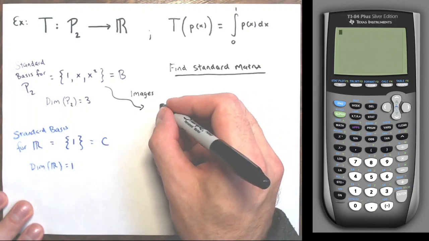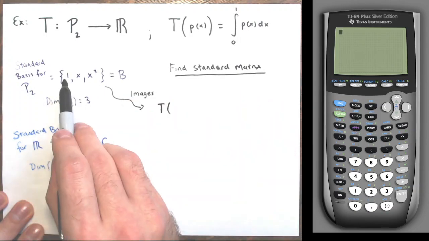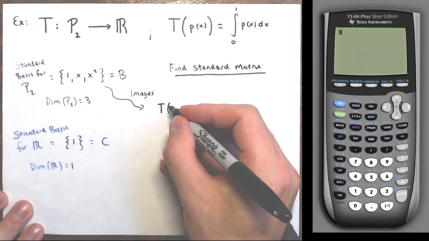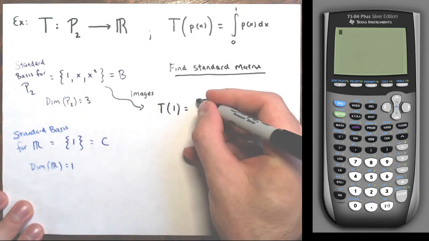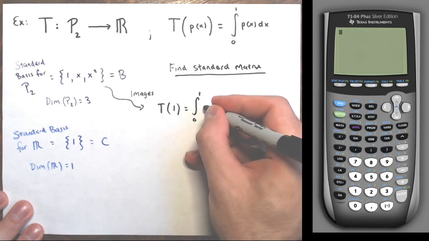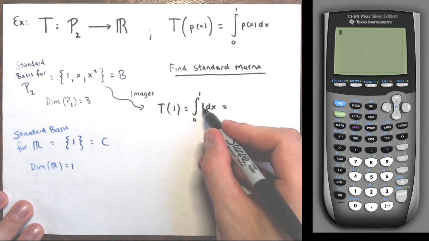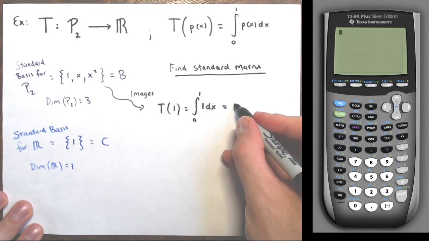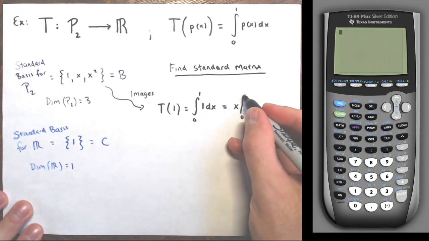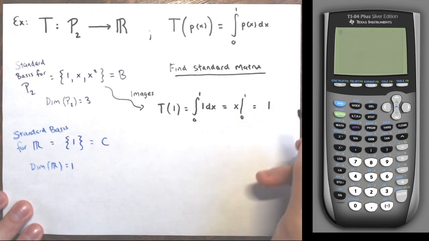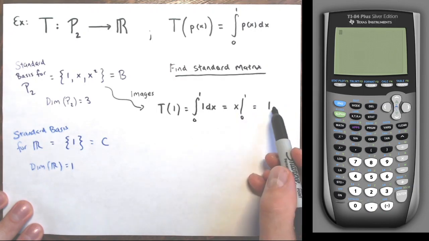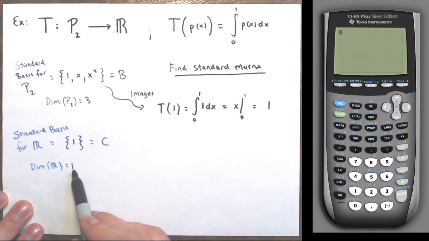All right, so what's T of the first standard basis vector from the domain? That's T of 1. Well, that'd be the integral from 0 to 1 of just 1 dx. Remember, an antiderivative of 1 is x. I plug in 1, plug in 0, subtract, I get just 1. And then 1 is the coordinates.